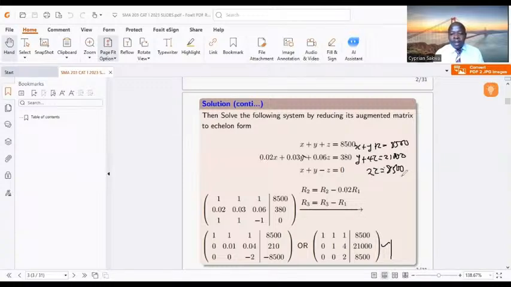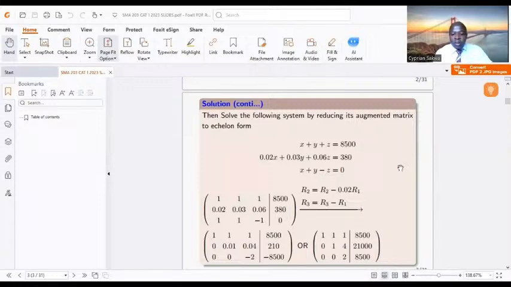Once you get z, come to this second equation and substitute that z. Then make y the subject of the formula. Then that will give you y, and you had already gotten z. So with that y and z, substitute them here and make x the subject of the formula to get the value of x.